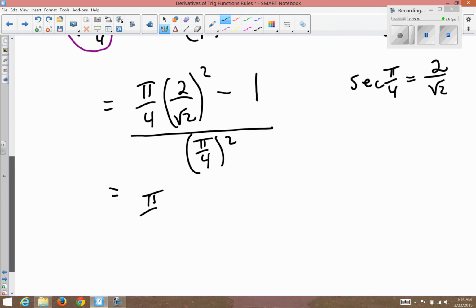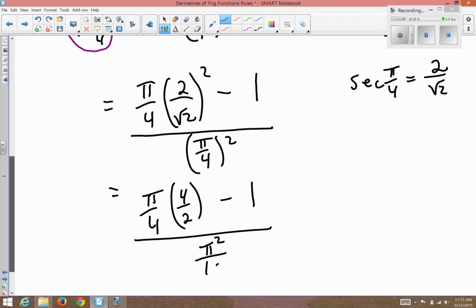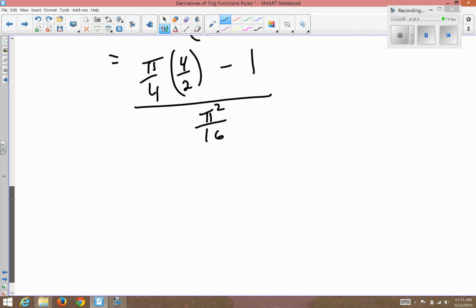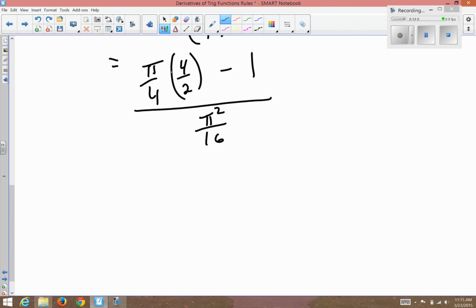When we square 2 over radical 2, we get 4 over 2. When we square pi over 4, we get pi squared over 16. Well, these 4's cancel right here where I'm pointing, so that's pi over 2 minus 1 over pi squared over 16.